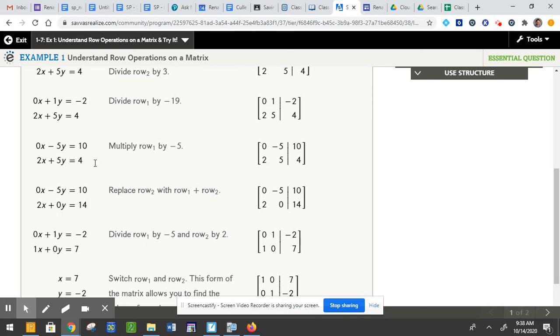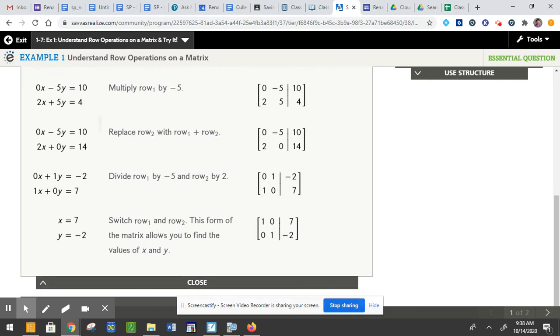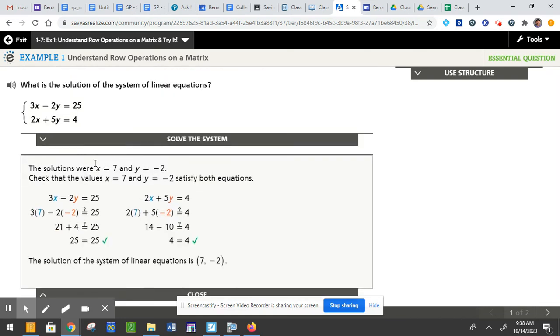Then they flip it so the row with 1 for x is first, and the row with 1 for y is second. What that means is that x equals 7 and y equals negative 2. So that's your solution. You can check it by substituting it back into the original equations. Since it checks out, you have your solution, 7, negative 2.